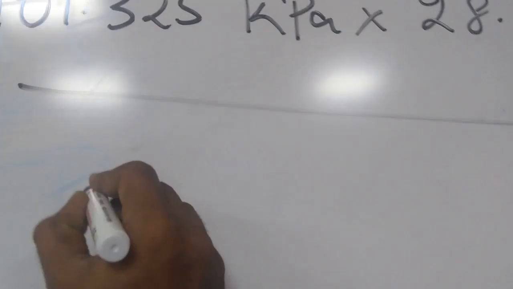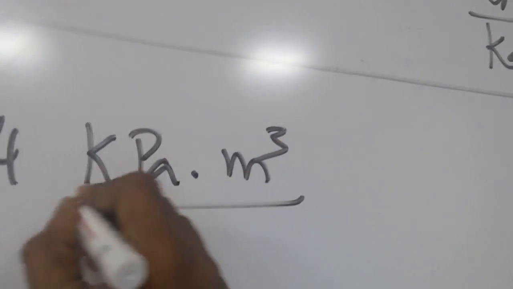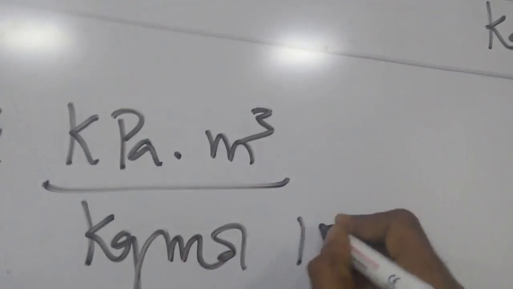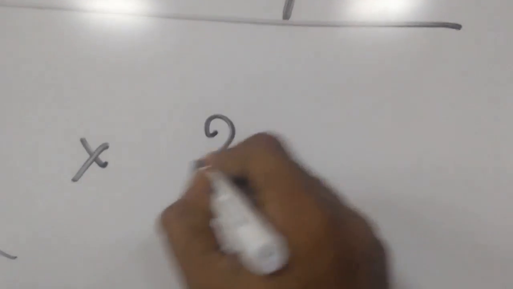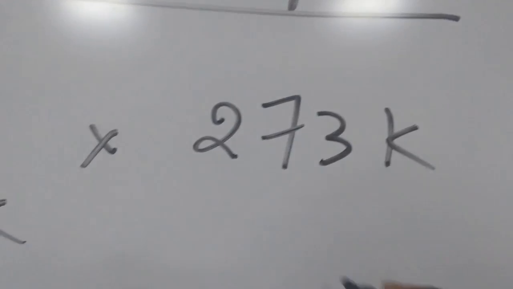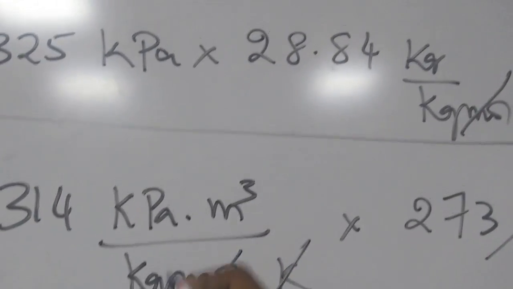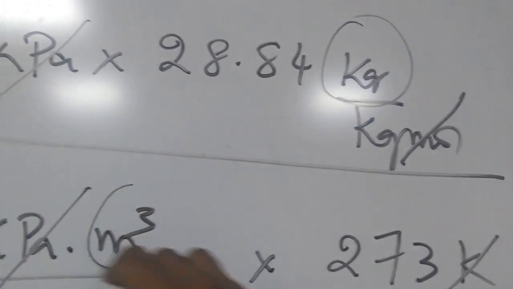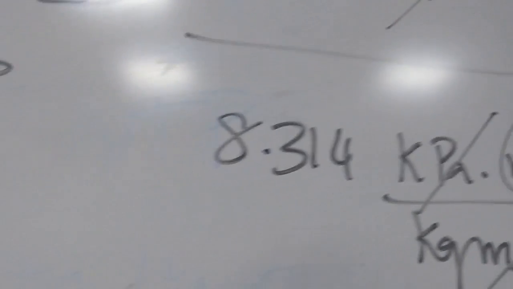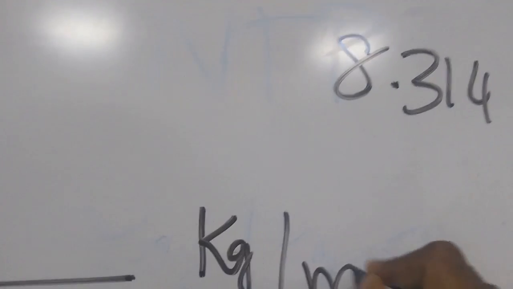R is 8.314 kilopascal meter cube per kg mole Kelvin into temperature, which is 0 degree Celsius, that is 273 Kelvin. So Kelvin, Kelvin, kg mole, kilopascal, kilopascal cancel. So what we get is kg per meter cube. So we will get density in terms of kg per meter cube.